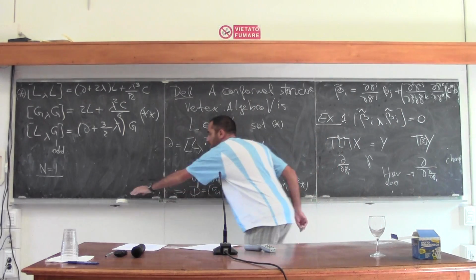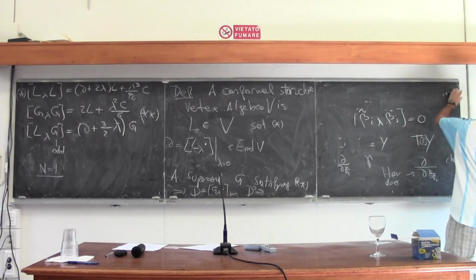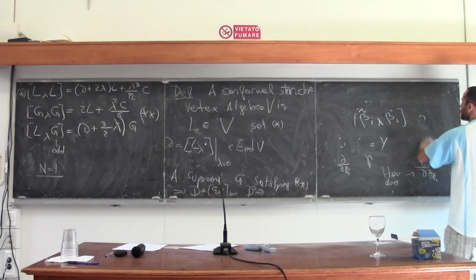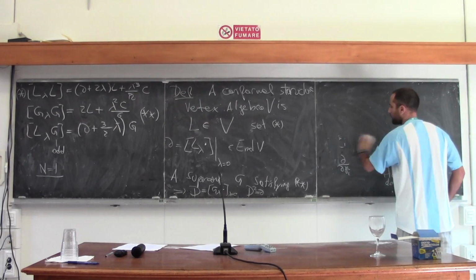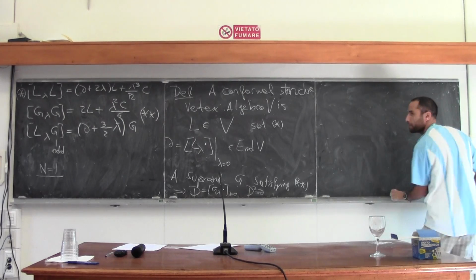So once you have this, I can collect my fields, the bc's and beta gammas, into just two fields. I could have been even fancier and collected the four of them into one, but two is going to be enough.